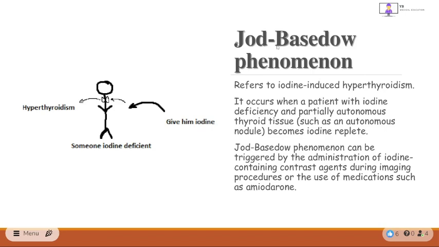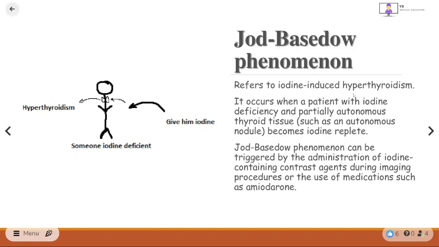Or if the patient has a toxic multinodular goiter, which is different from the normal thyroid tissue, it will also take that iodine and release thyroid hormones, leading to hyperthyroidism.